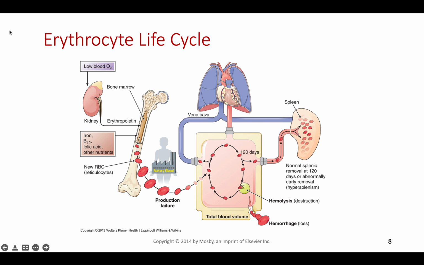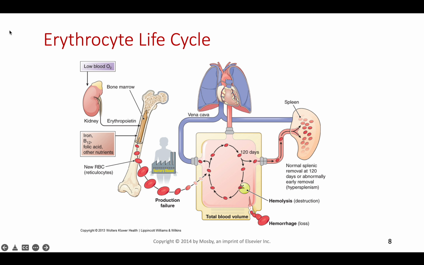Okay, the kidneys also help by releasing erythropoietin to help form the red blood cells. The life cycle of a red blood cell is around 120 days, and the storage and removal of these red blood cells occurs in the spleen.